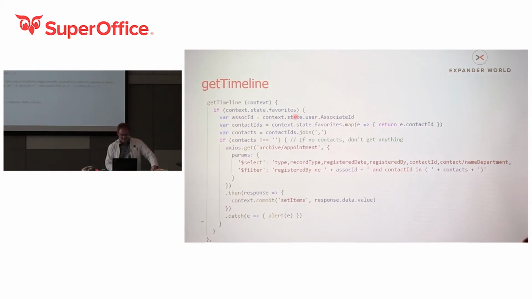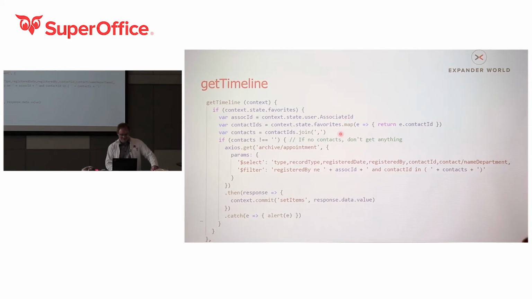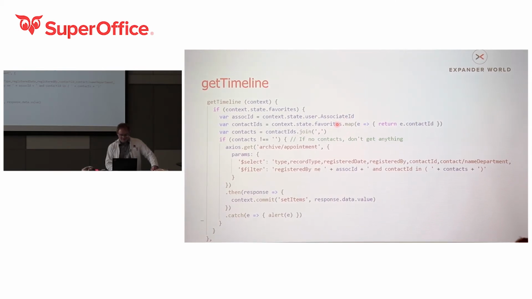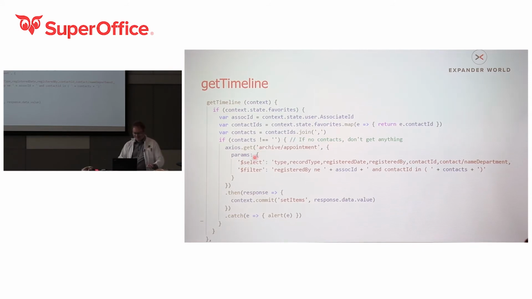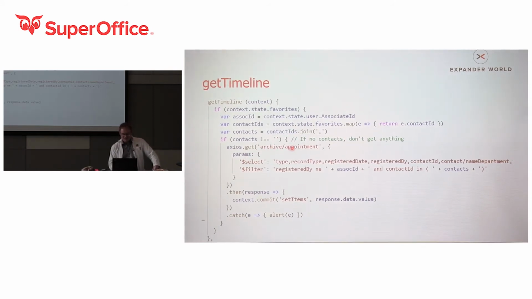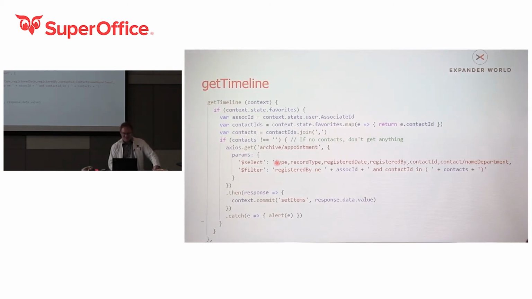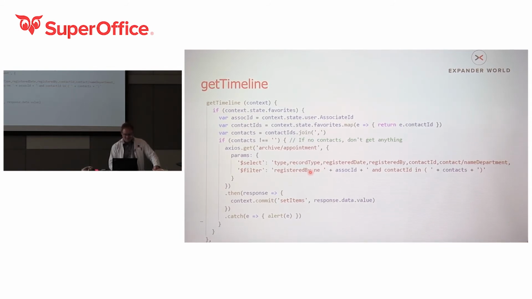It says, okay, go get the associate ID, run over the list of favorites, pull out the contact IDs, join them together, and then do another AJAX call. Get the appointments with all these fields, filtered by registered by not equal to me, and contact ID in the list of the contact IDs.